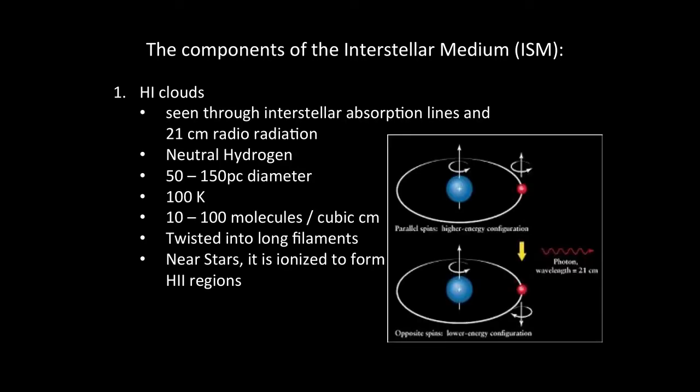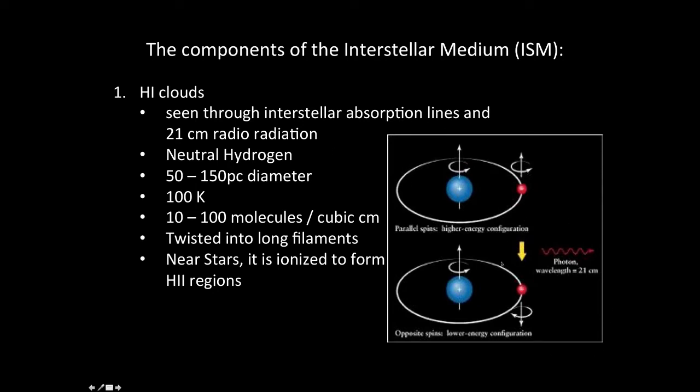H I clouds are typically seen through interstellar absorption lines and 21 centimeter radiation. Interstellar absorption lines, as the name suggests, is when the hydrogen in the H I clouds, which, as you should be able to tell by now, is neutral, absorbs light at very specific frequencies from background stars, causing characteristic absorption lines. We also see it through 21 centimeter radiation.